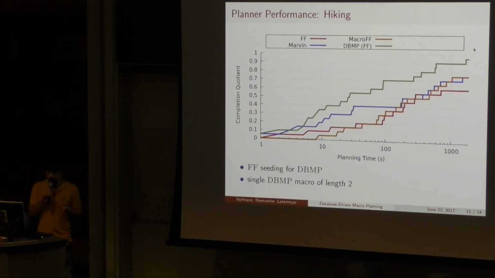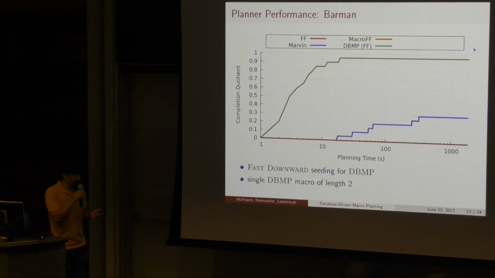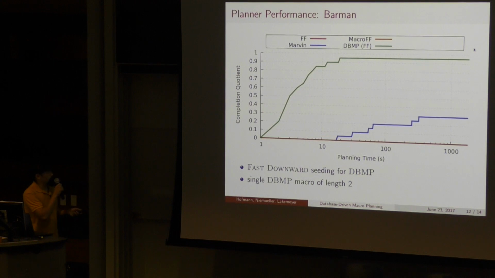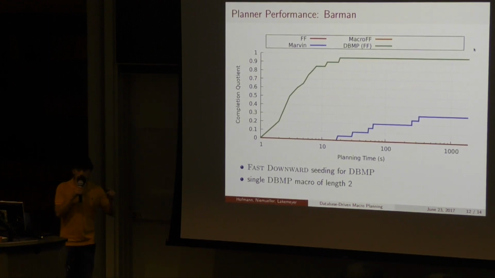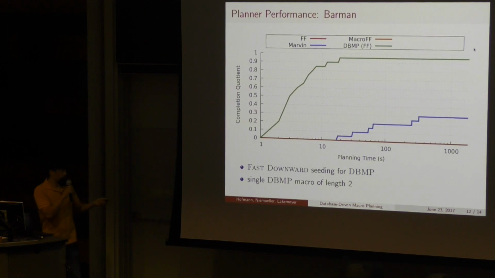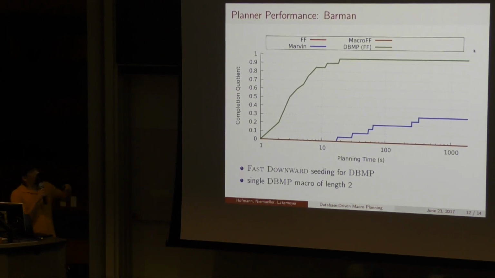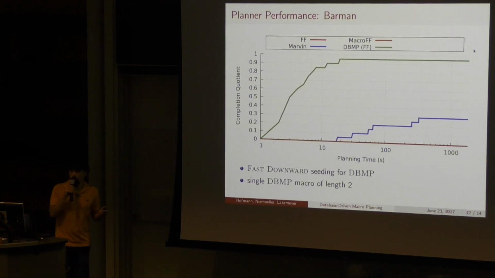Then as a third domain, the barman. This is kind of special because we actually use fast downward for seeding and then use fast forward for planning. So this really shows the advantage of just swapping the underlying planner. So we use fast downward to compute good plans for seeding, and then during the actual planning we use fast forward.